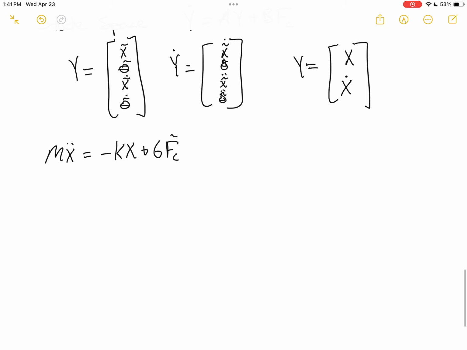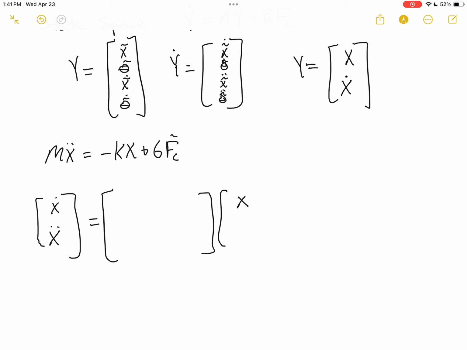And we can start to construct this y dot equals A y plus B f_c matrix. So y dot is equal to x dot, capital X double dot. And we're going to have a matrix A multiplied by the vector y, x, x dot, that vector is the 4x1 vector y, plus something else times f_c.